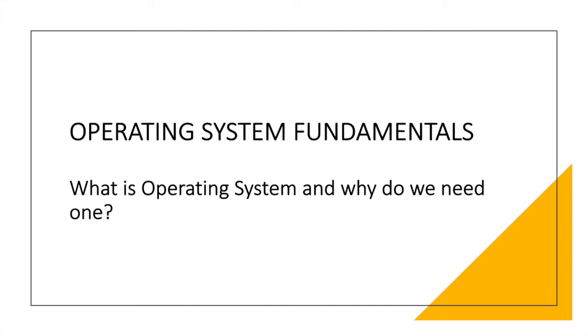So let me ask you a question: what is an operating system and why do we need one? You might not know the answer right now, but we will figure it out in this module.